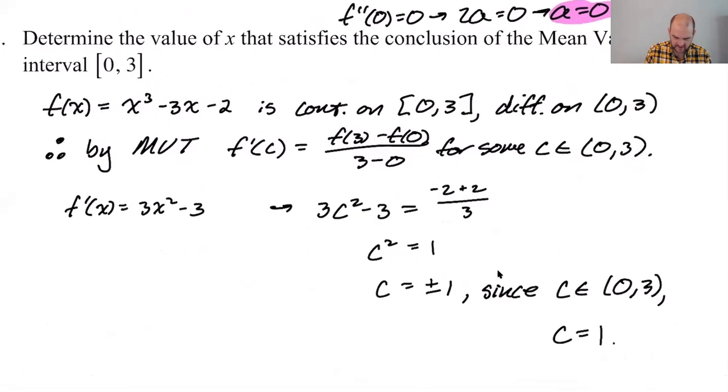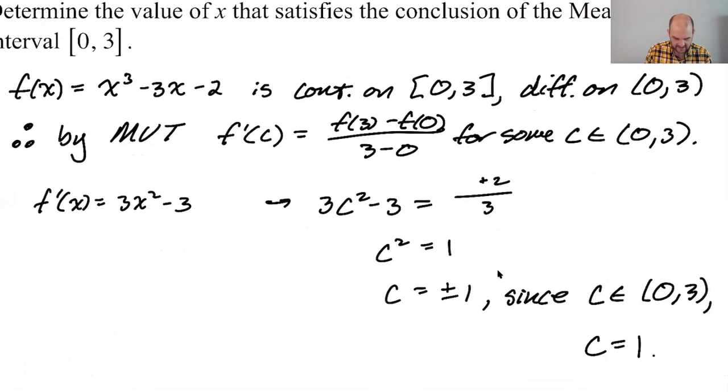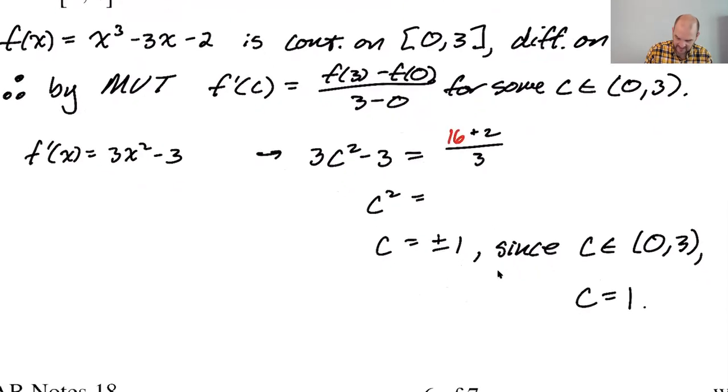So 3 cubed is 27. 27 minus 9 is 18, and then minus 2 is 16. 16 plus 2 is 18, over 3 is 6. 6 plus 3 is 9. 9 divided by 3 is 3.